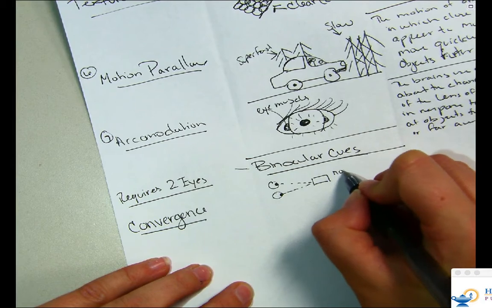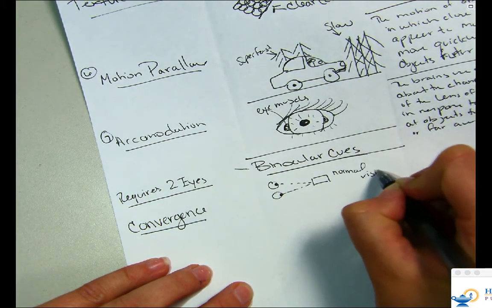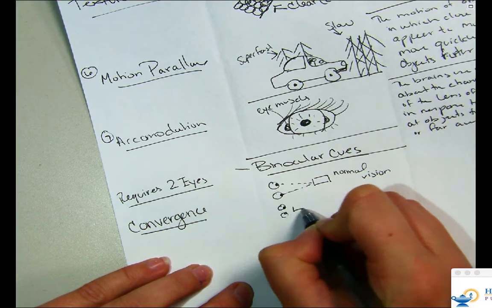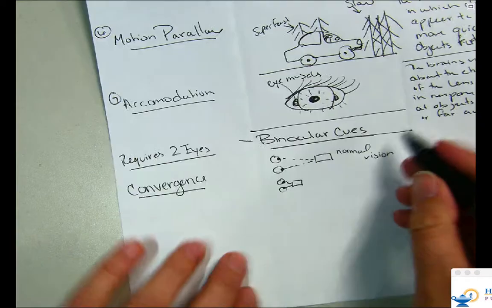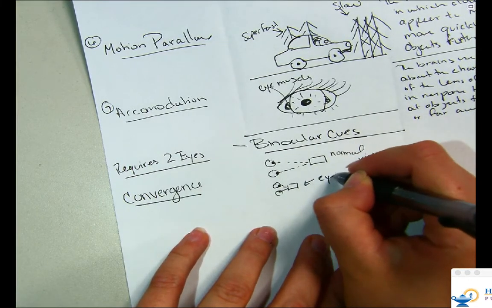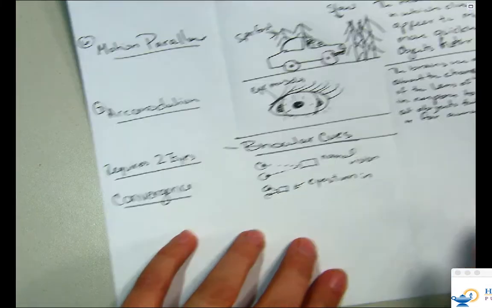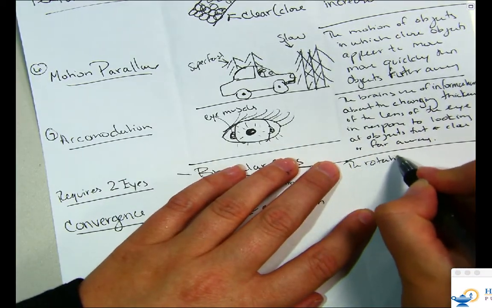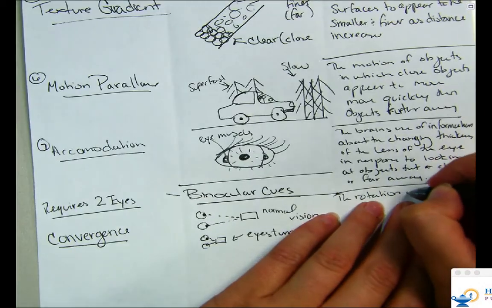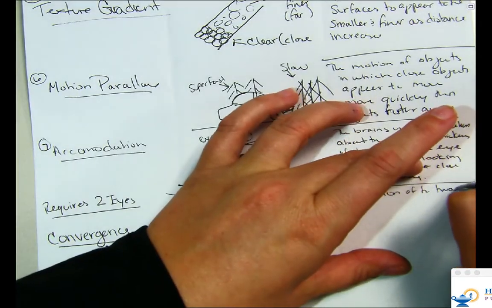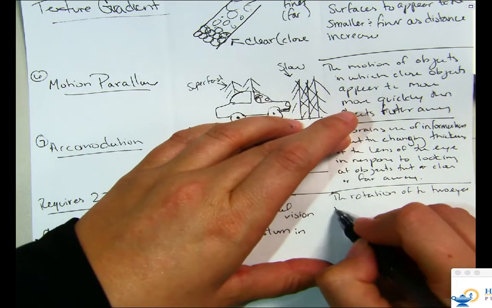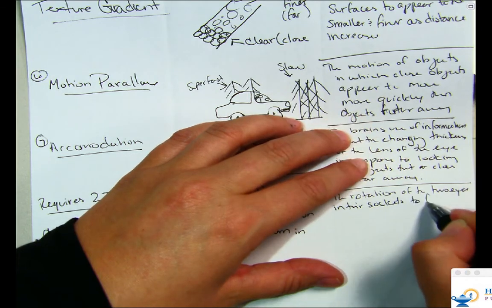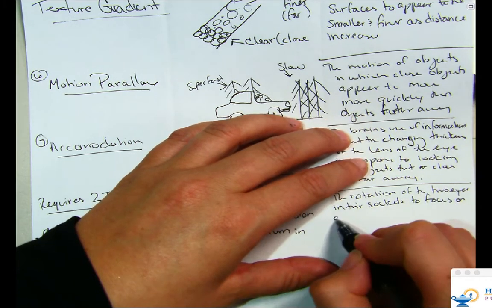So this is normal vision. This is when your eyes turn in. So it is the rotation of the two eyes in their sockets to focus on a single object.